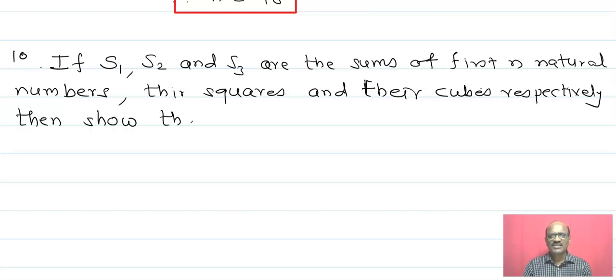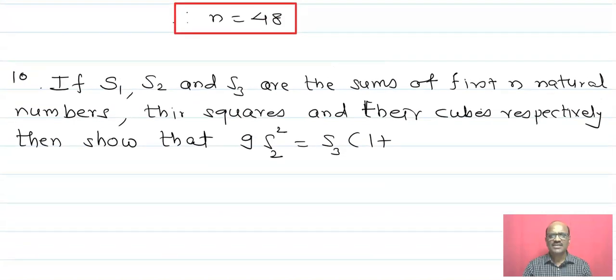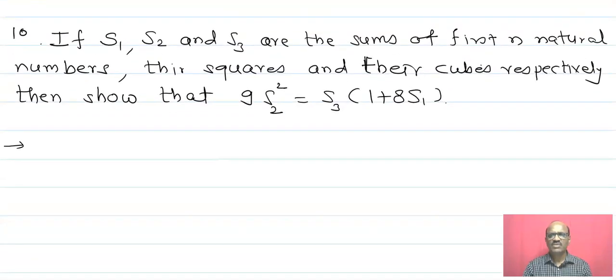First is the sum of the natural numbers, second is their squares, and third is cubes respectively. Then show that 9 S2 square is equal to S3 times (1 plus 8 S1).